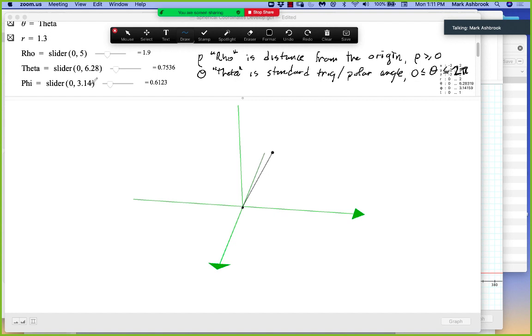Okay, phi is our last coordinate in spherical coordinates. This is different. Something new here. And so to talk about phi, I want to set an angle theta first.